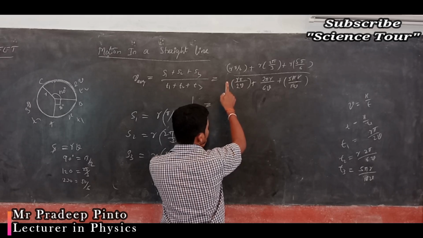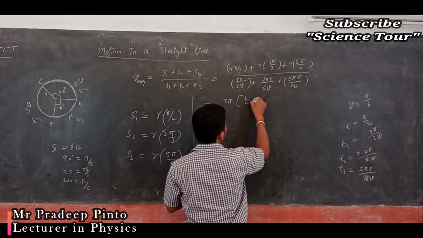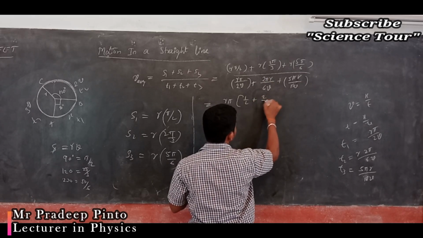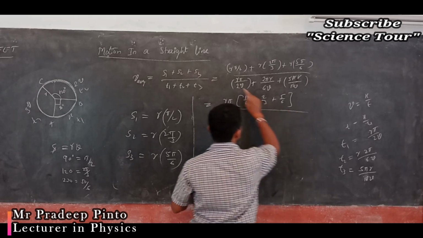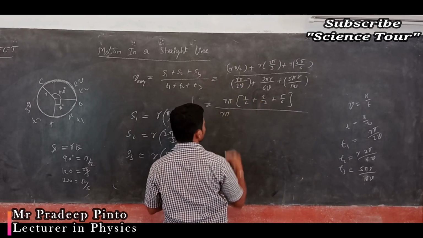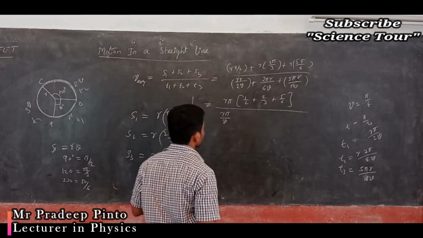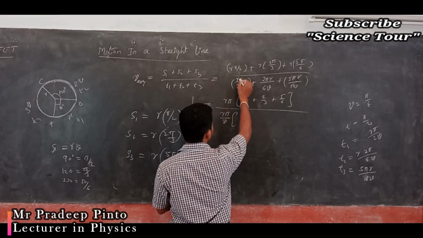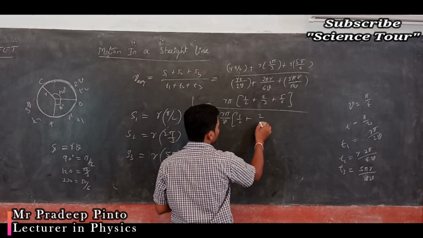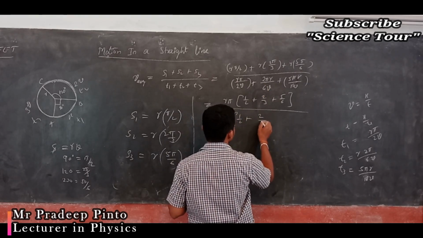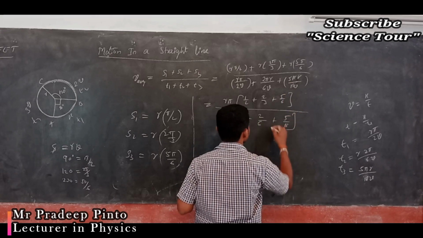R pi is a common term there. Remaining is 1 by 2 plus 2 by 3 plus 5 by 6. Here also R pi is a common term, and divided by V is a common term. So you get R pi by V times 1 by 2 plus 2 by 6 plus 5 by 18.